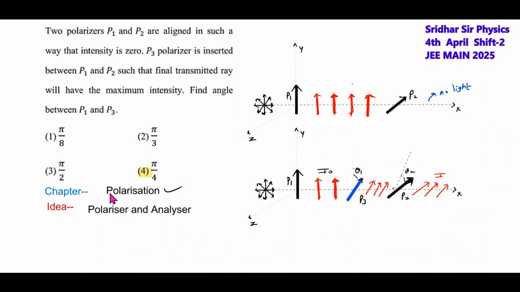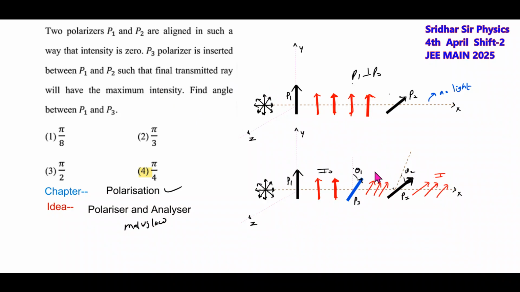This question is based on polarization, and the idea involved is polarizer and Malus law. Two polarizers P1 and P2 are aligned in such a way that intensity is 0. So the angle between them will be 90 degree. P1 will be perpendicular to P2. Therefore, there is no light. Then a P3 polarizer is inserted between P1 and P2 so that the final transmitted ray will have maximum intensity.